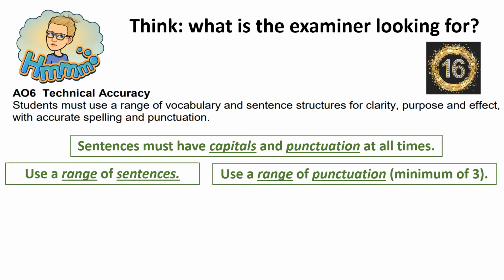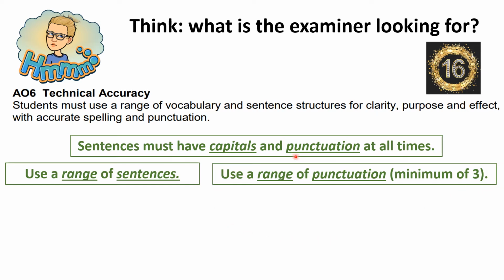There is a colon, there is a bracket, there is a question mark, and there is a comma. So just look at what we've got here. We've got a colon, we've got a question mark, we've got a comma, and we have brackets.